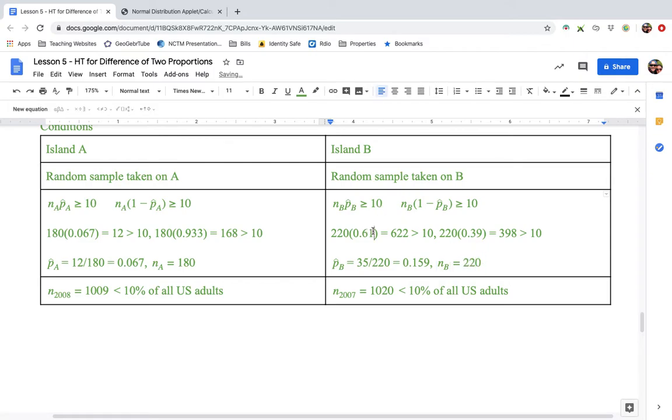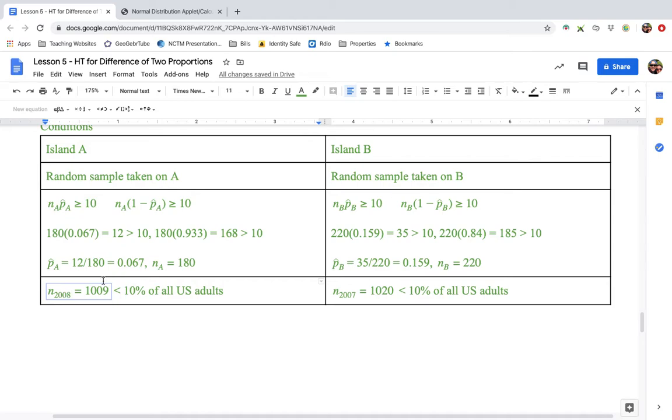So you've got to check your n times p hat: 220 times 0.159, and then 220 times 1 minus 0.159, which is about 184.16. When you calculate those, you should get about 35 and about 185. Those are all bigger than 10, so this is our normal check, so we can use a normal distribution.